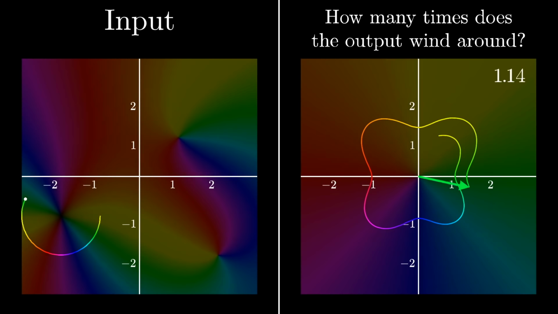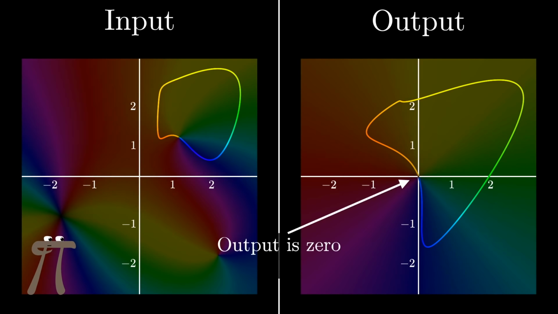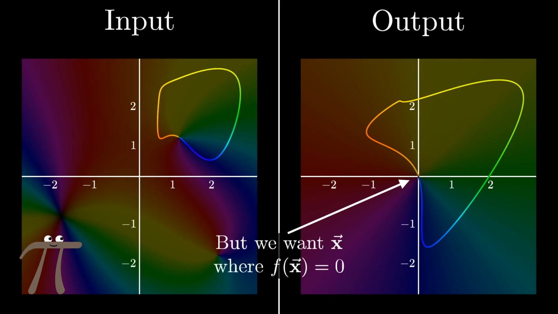I mean, by the time you get back to where you started, you'll have the same output that you started with. Incidentally, if a path actually contains a point where the output is precisely 0, then technically you can't define a winding number along that, since the output has no particular direction. Now this isn't going to be a problem for us, because our whole goal is to find zeros, so if this ever comes up, we just lucked out early.